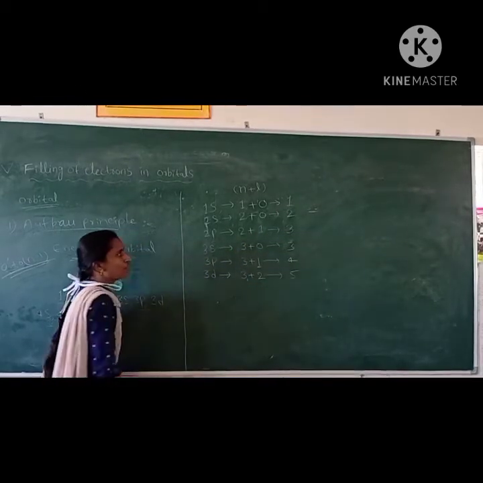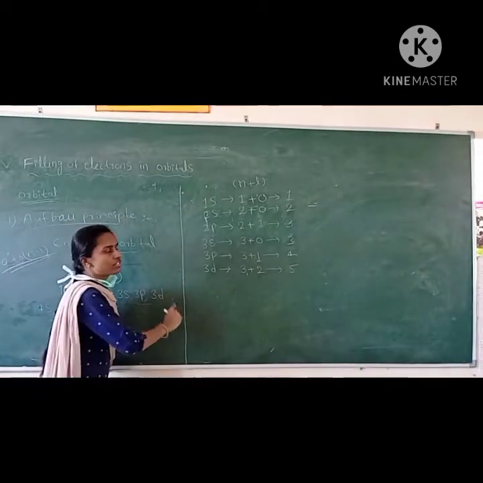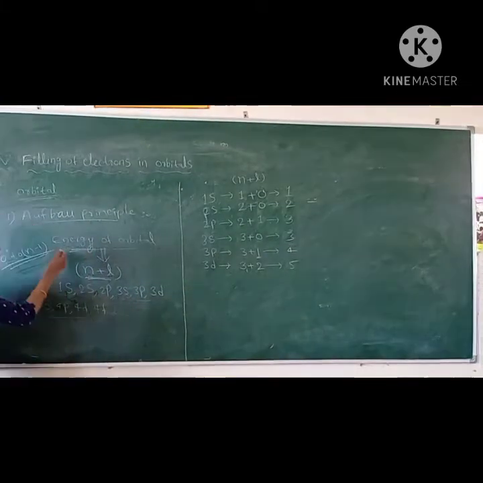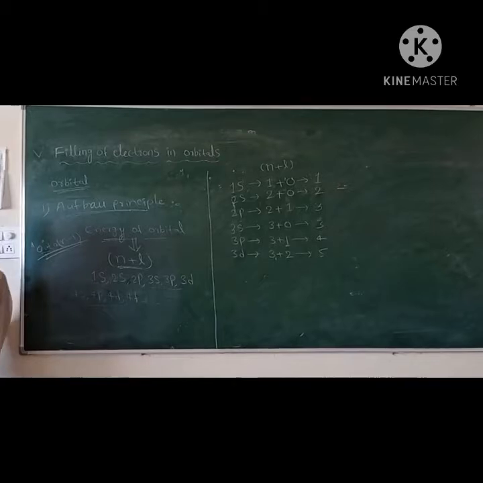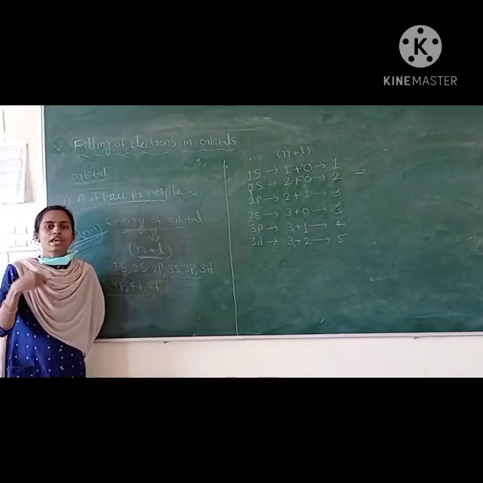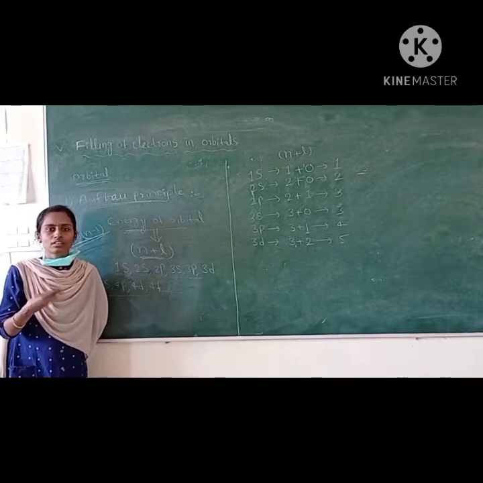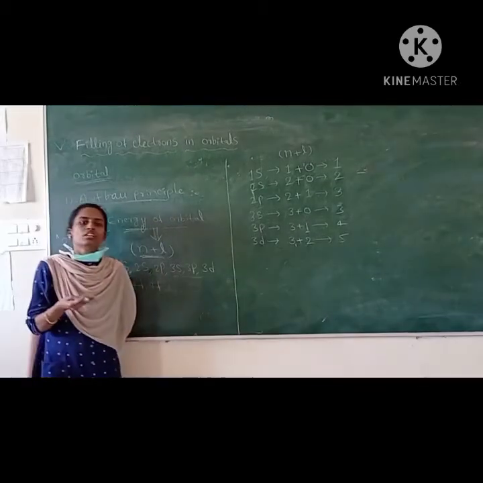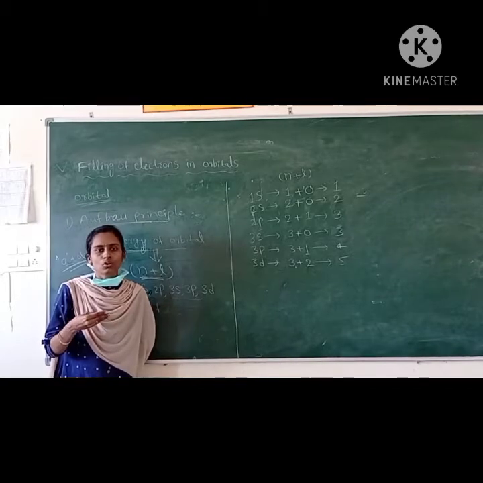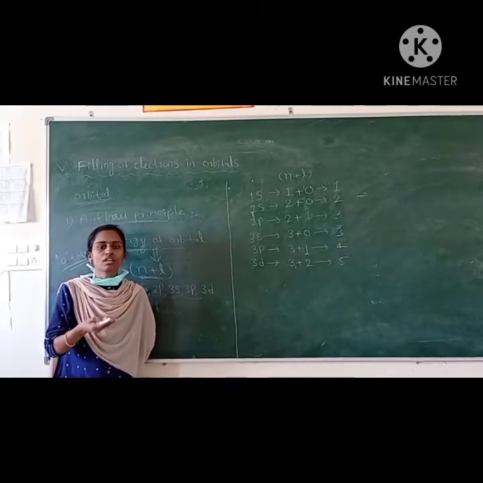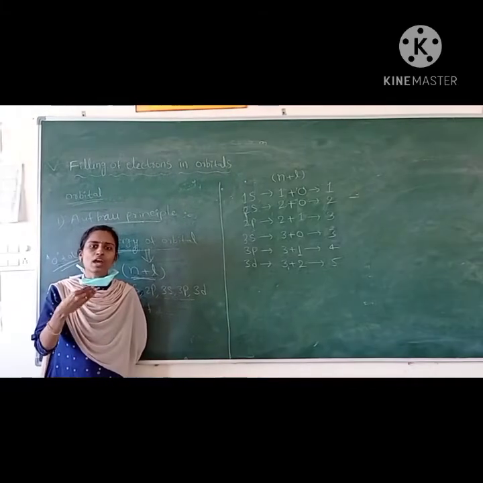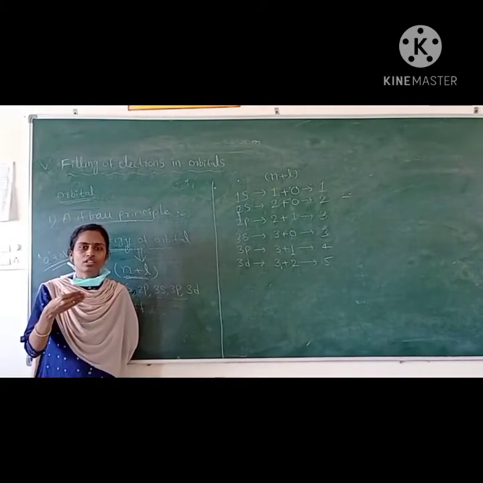So first we have to arrange them from the lowest energy orbital to the highest energy orbital. According to the Aufbau principle, electrons are filled first into the lowest energy orbital, followed by higher energy orbitals. Any system wants to decrease its energy. That is the rule. So electrons are also filled first into the lowest energy orbitals and then higher energy orbitals.